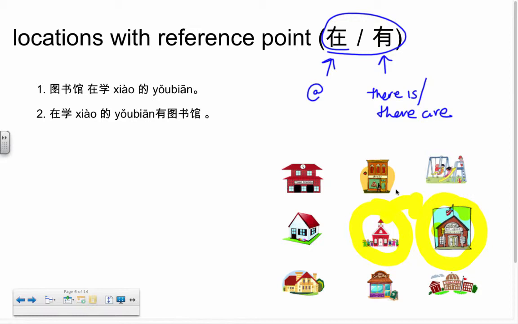Do you guys get that? So in this one, number one, I'm saying that the library is at the school's right. In this one, I'm saying at the right of the school, there is a library. Same exact thing, two different ways to say it. Okay?